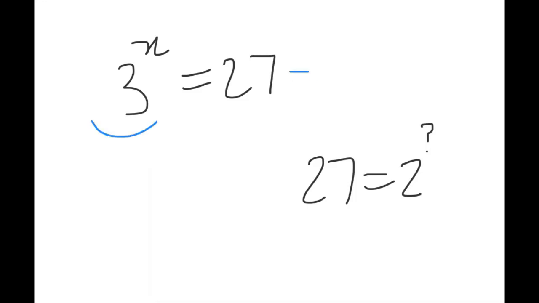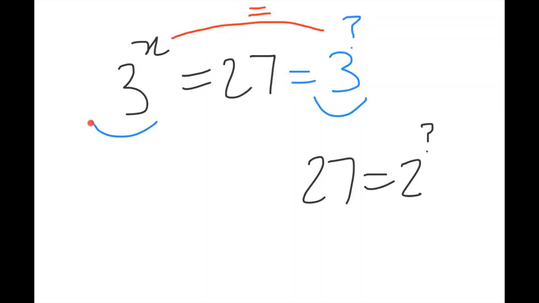We ideally would want 3 over there to the power something. So that is what we want to work towards: to take this 27 and convert it into 3 to the power something, because once we have a 3 to the power something, then this x and that will equal each other.